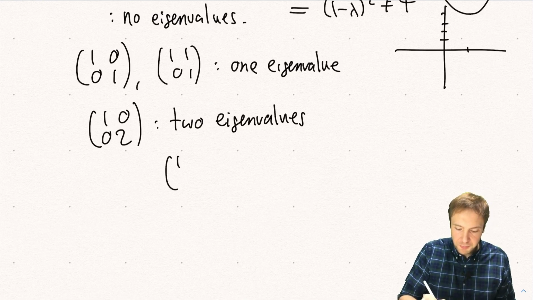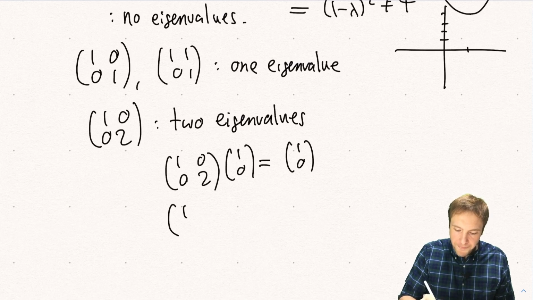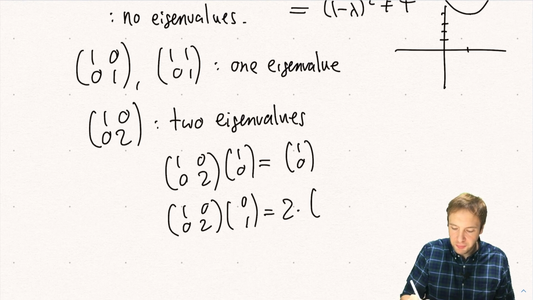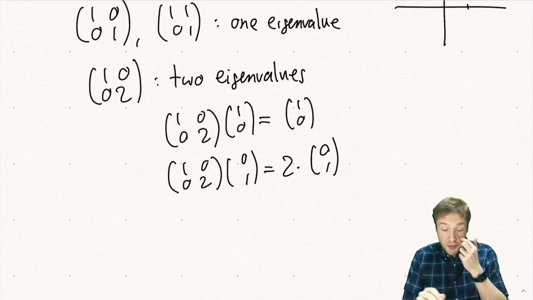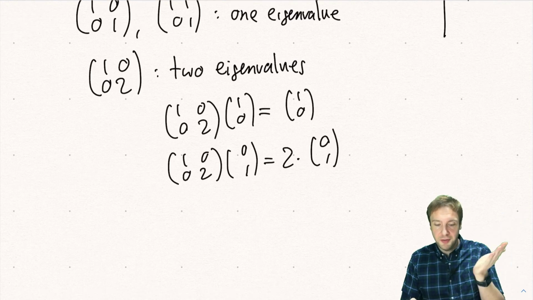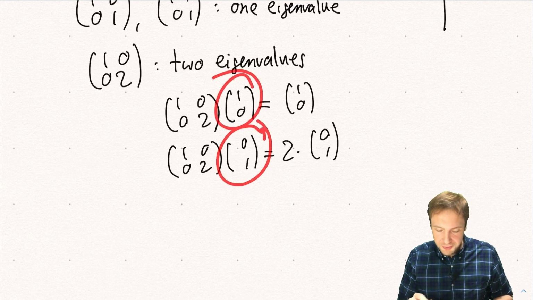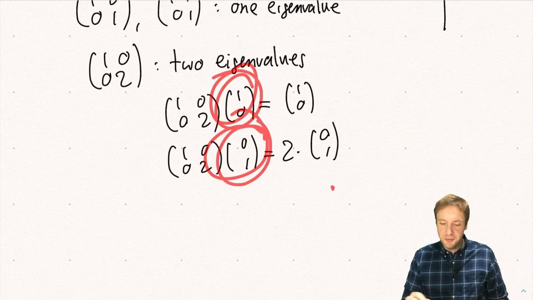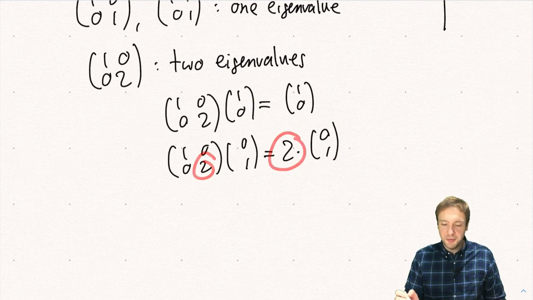Because if I multiply this with the vector (1, 0), it's just (1, 0), and if I multiply it with the vector (0, 1), then this is 2 times (0, 1). So if you have a diagonal matrix with n different entries, then you will also have n different eigenvalues, because multiplying with the unit vectors, you always get the diagonal entry times this vector.